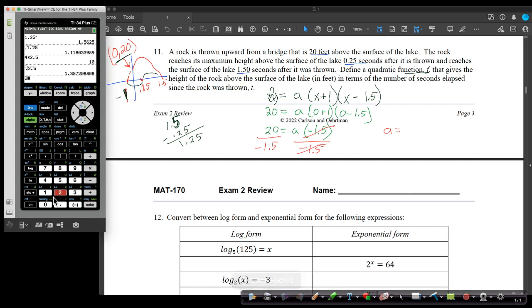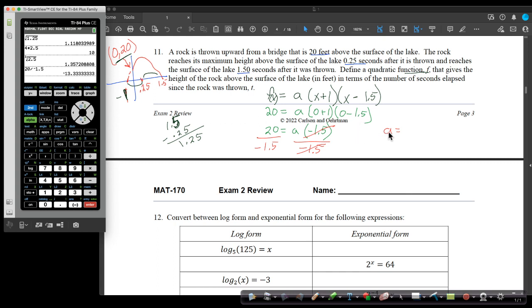So 20 divided by, and this is a key part, I want a negative 1.5. That's where I use this one, a negative number. If I use the other one, it's going to want to subtract, and it gives me a syntax error. Negative 1.5 gives negative 13.33.